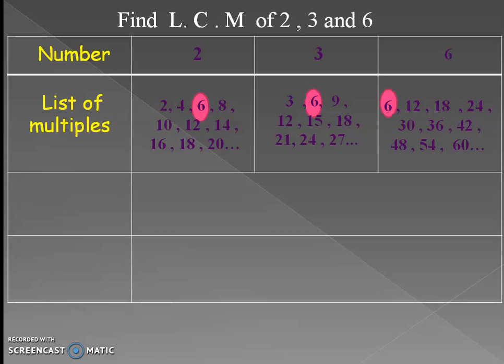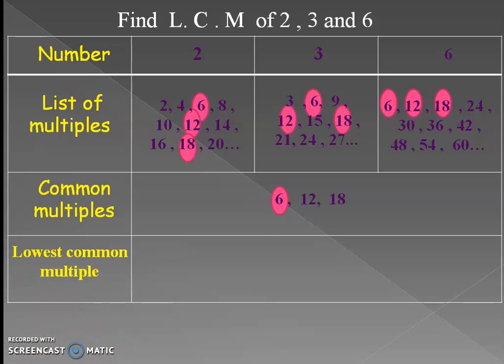Here we can see 6 in all the columns. Similarly, we have got 12s also in all the columns, and 18 is also there. Now which are the common multiples? We have got 6, 12 and 18. Now among 6, 12 and 18, which one is the lowest? 6 is the lowest number.